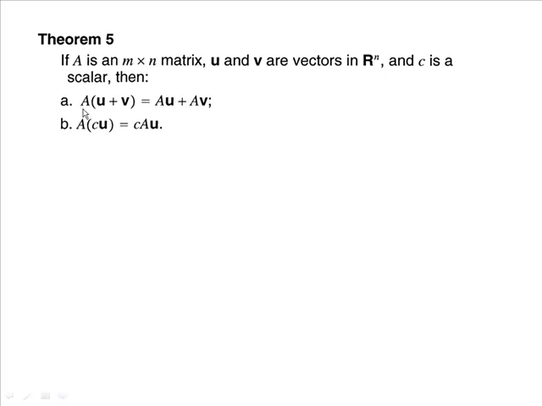If I have my matrix A times the sum of U and V, that is equivalent to my matrix A times U plus my matrix A times V. And then the same thing with my scalar. If I multiply my matrix A by my scalar C multiplied by vector U, that is the same thing as C times A, then times my vector U. And you'll get a chance to examine this theorem in your homework.